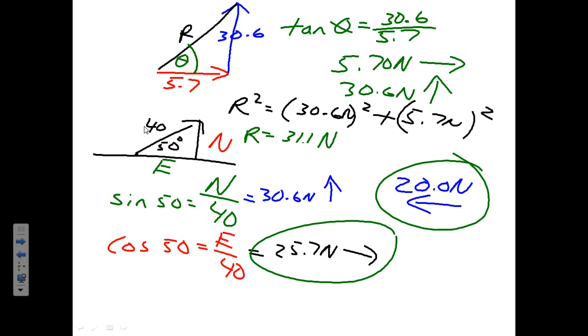So do the math there, 30.6 divided by 5.7, and take the inverse tangent of that. 79.4. So our answer, 31.1 newtons, 79.4 degrees, what? North of east.